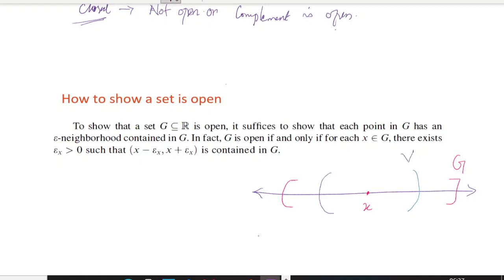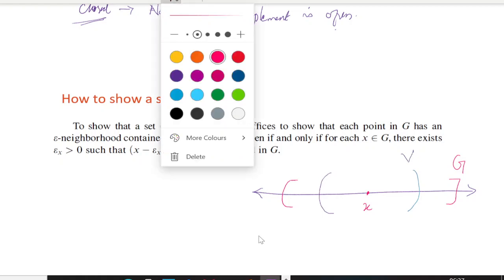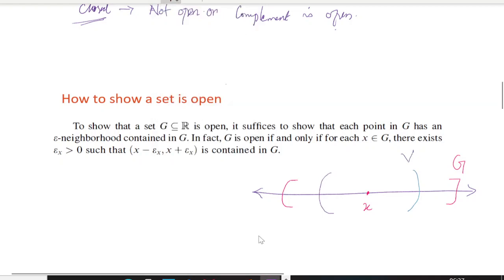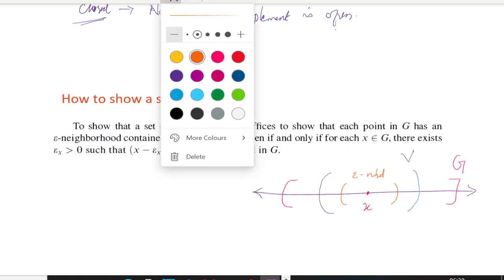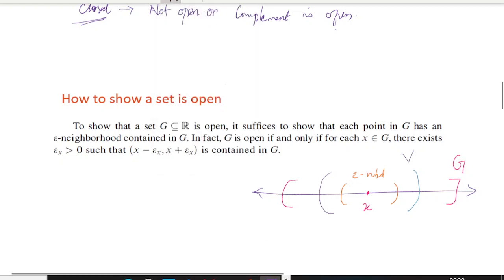Now, when you say that V is a neighborhood, I have taken this as x. There should exist an epsilon neighborhood, right? So this is my epsilon neighborhood, and this one is my neighborhood.